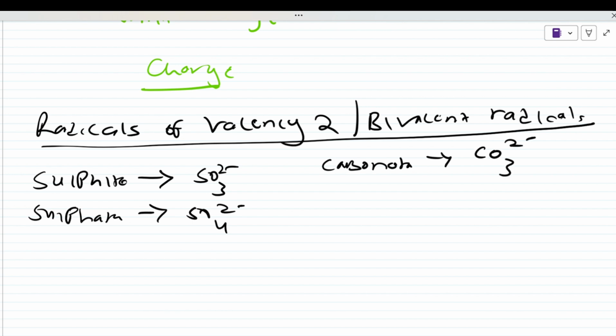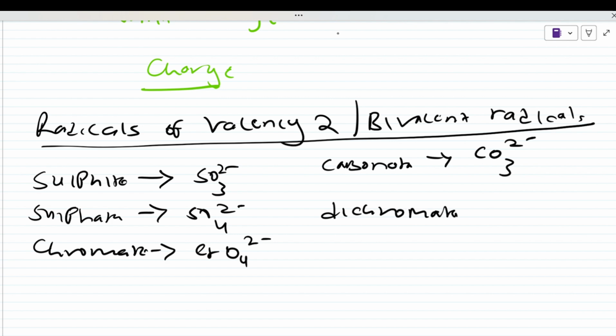I can also have chromate, which is CrO4 2 minus. I can also have dichromate, which is Cr2O7 2 minus. I can also have manganate.